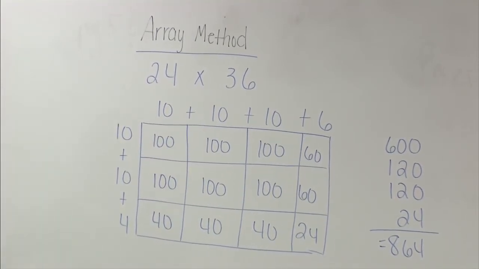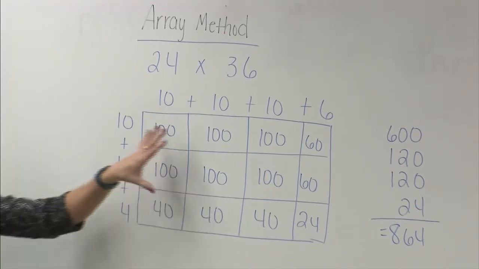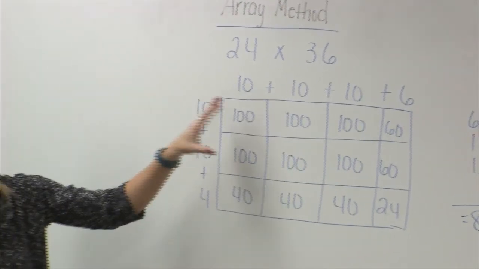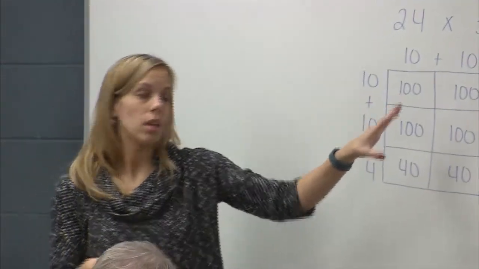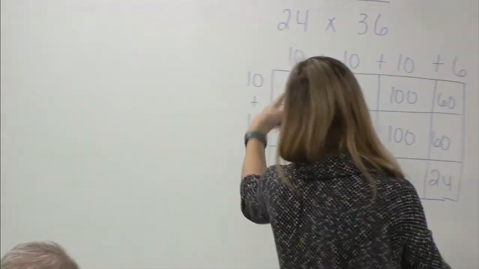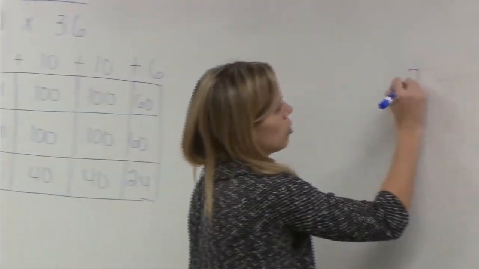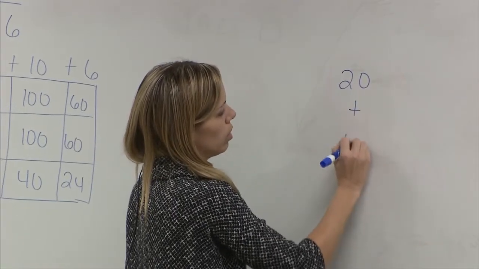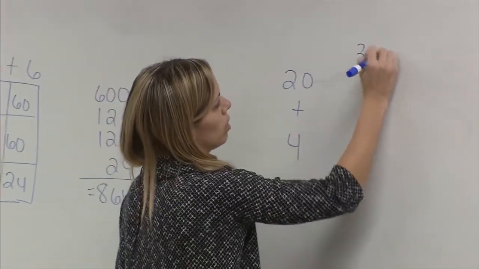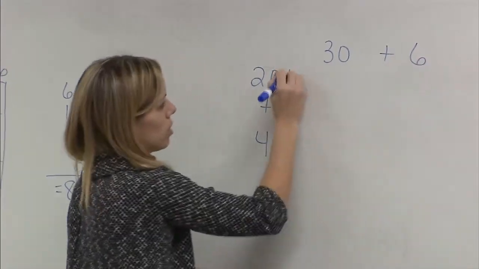So from this point, once students get a better understanding of multiplication, we could make this less complex. So instead of breaking it apart into all these tens, we could just do 20 plus 4 times 30 plus 6.